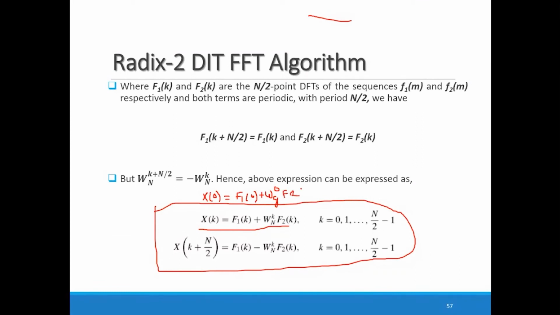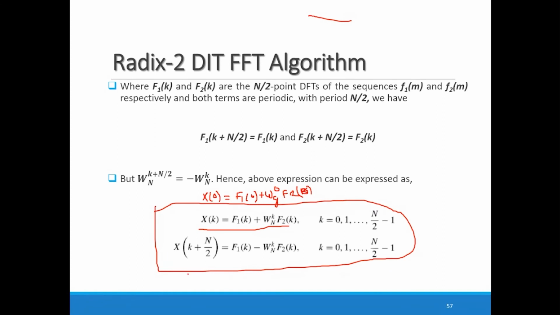So suppose this is the 8-point DFT first stage implementation. In the first stage, what do you require? X of 0, with k equal to 0, that is f1 of k plus omega n raised to k f2 of k. So to get x of 0 using that butterfly, you require f1 of 0 plus twiddle factor omega 8 raised to 0 into f2 of 0.